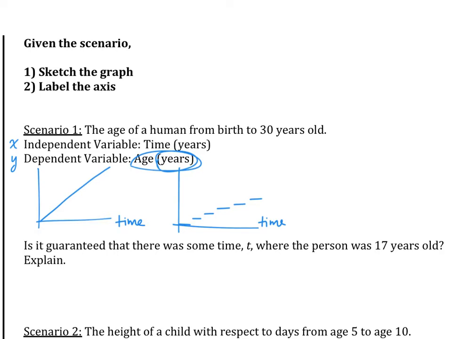Is it possible? Yes, of course, because this person from birth to 30 years old must pass through 17 years, and we know that as a fact, right? Okay, and keep that in mind. We're going to talk about why that is important.